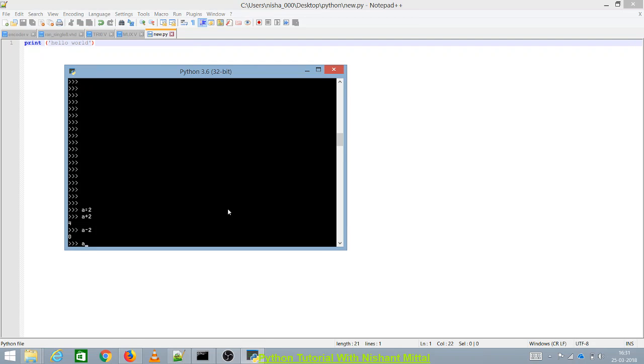A variable which is assigned to a number cannot be operated upon with some other literals like a character. It would throw an error saying unsupported operand type for integer and string. So you cannot subtract an integer with a string.